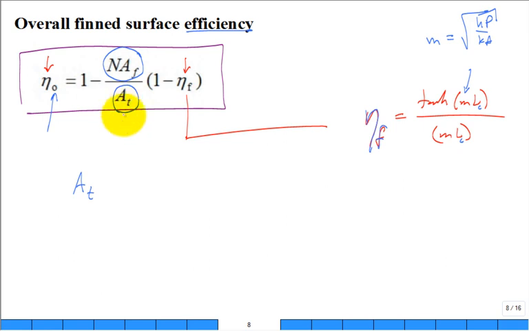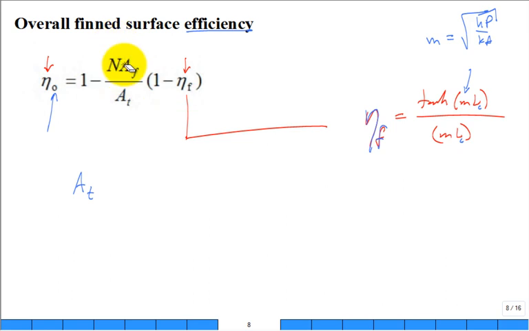So I have to do the whole area for all of those fins, and then the area for each of those fins. I prefer to just look at one section with one fin in it, and then I don't have that N. But that's not on your equation sheet, and that's not in your textbook. But it's an area ratio.